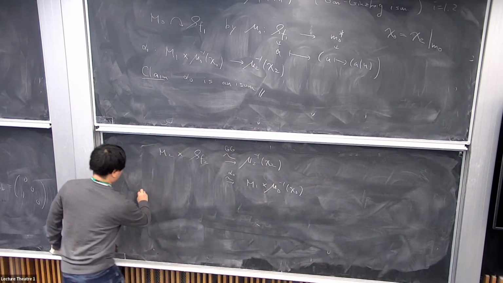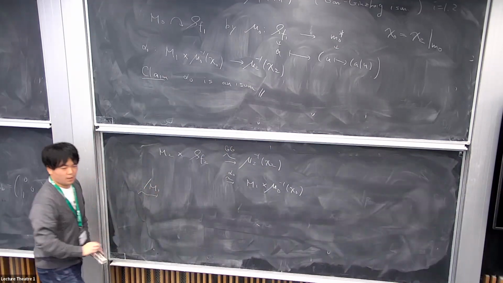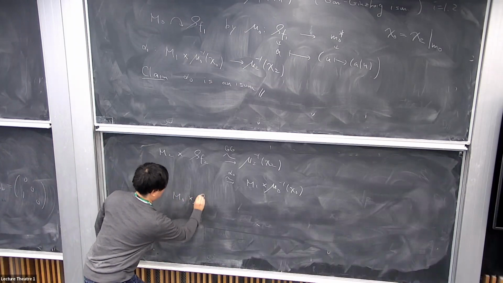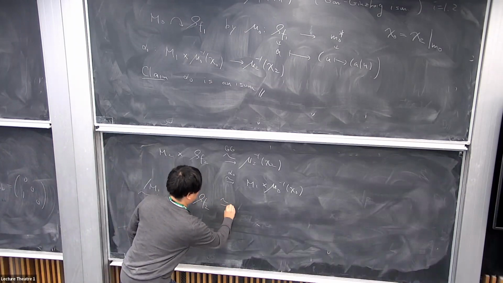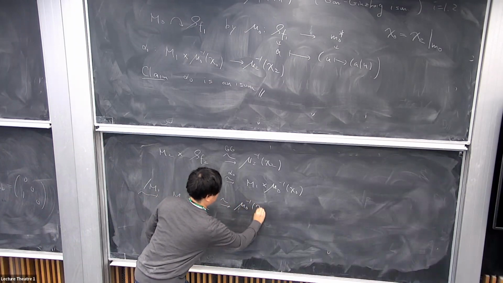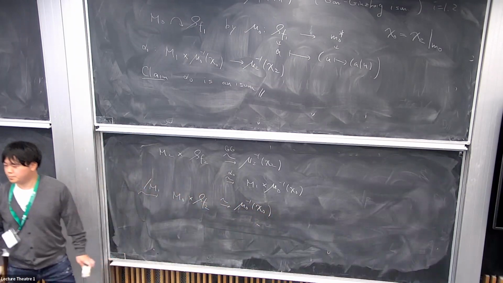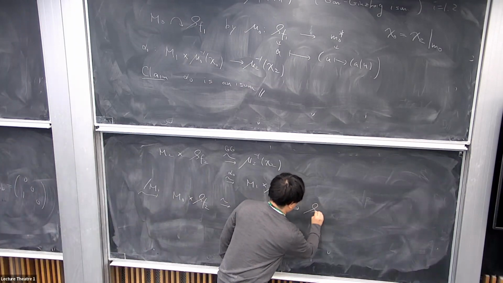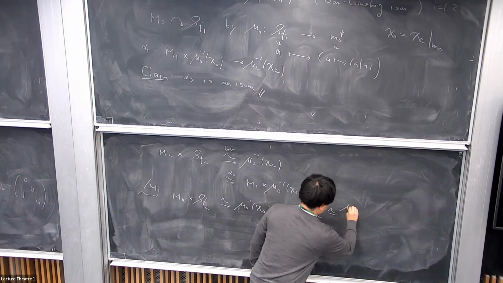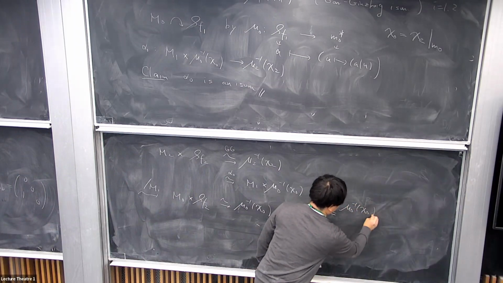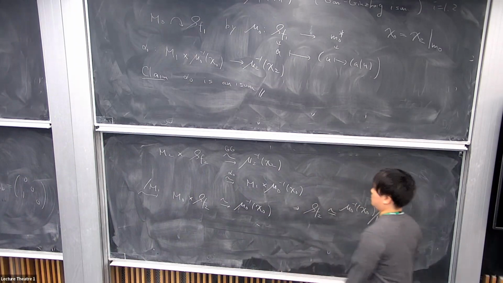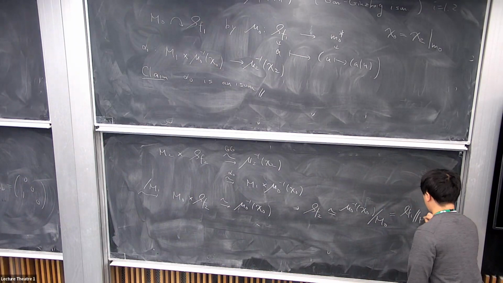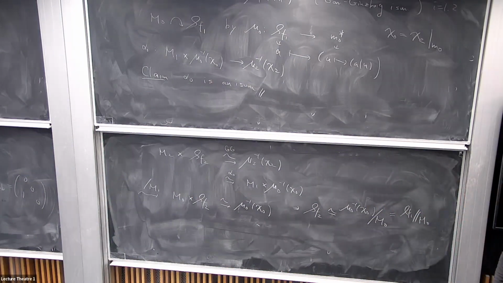This means we can eliminate by taking the quotient by M1, which implies that M0 times S2 is isomorphic to mu0 inverse chi 0. So this implies that the Slodowy slice is isomorphic to mu0 inverse chi 0 quotient by M0. But this is a Hamiltonian reduction of the Slodowy slice by M0.